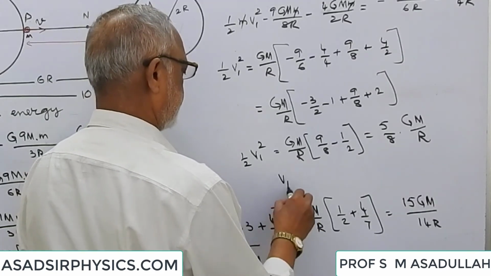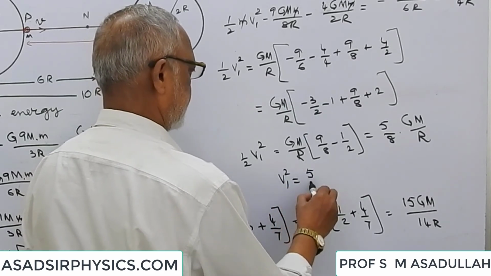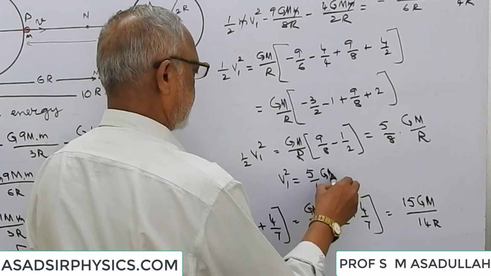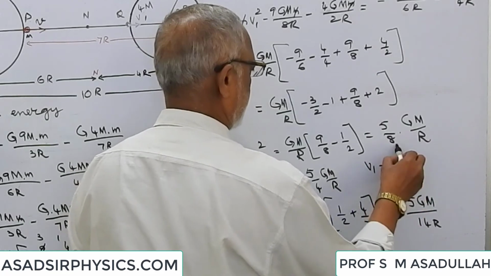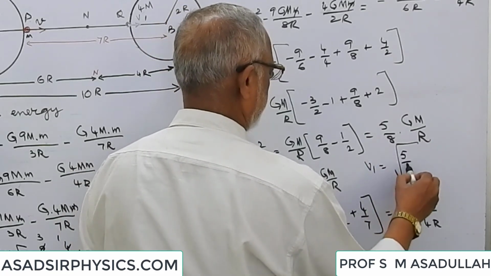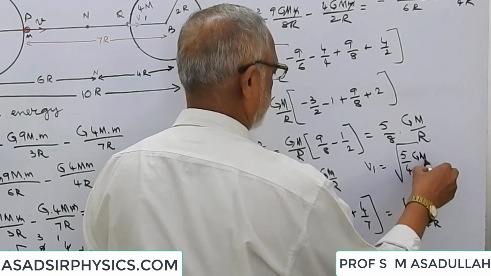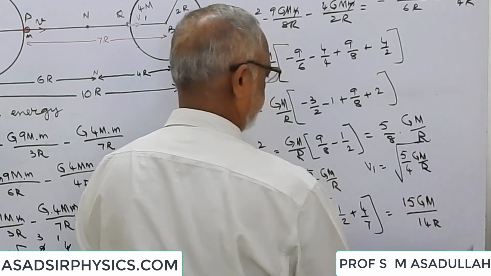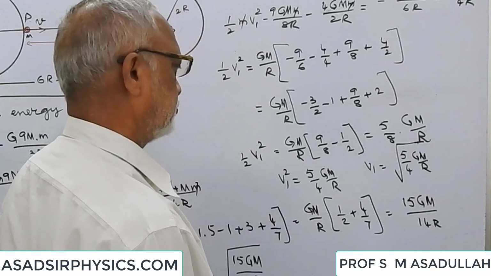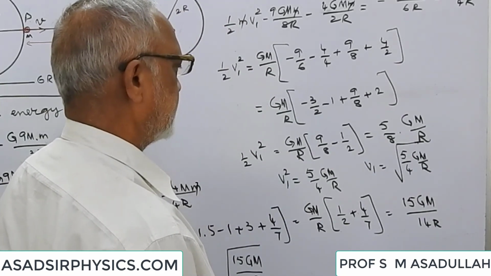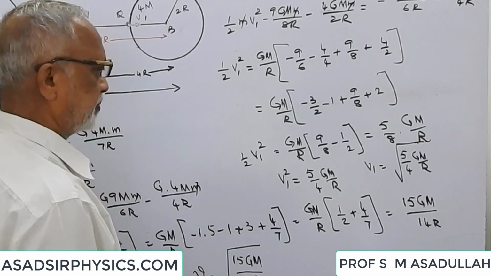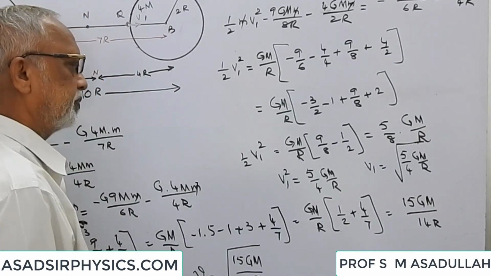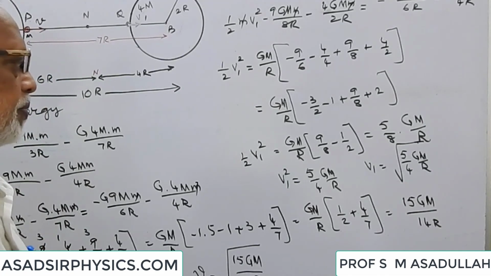So v1 square is equal to 5 by 4 GM by r, or v1 is equal to under root 5 by 4 GM by r. So the velocity with which the body reaches the planet B is under root 1.25 GM by r, or under root 5GM by 4r.